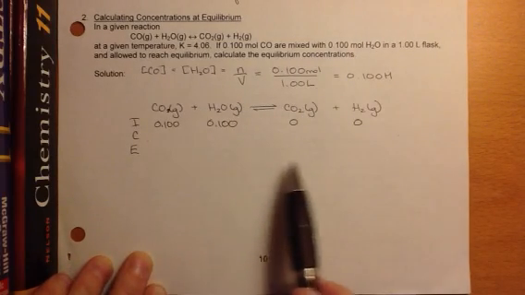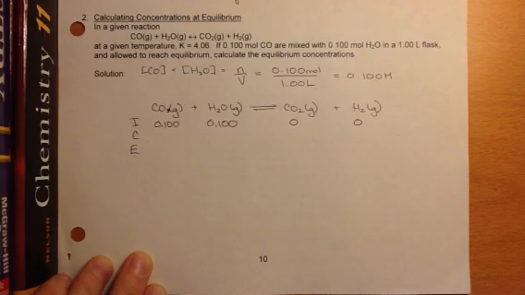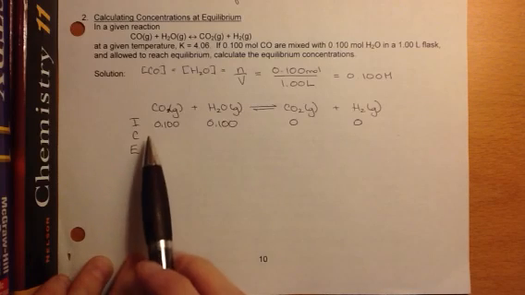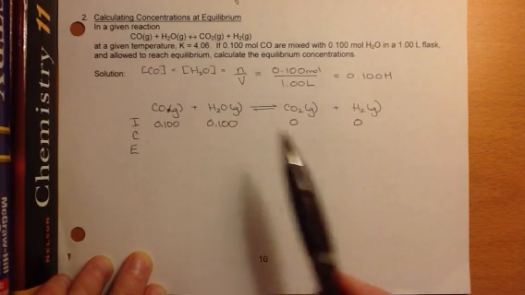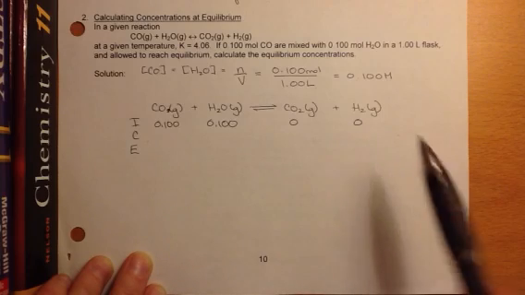Now, we need to calculate the equilibrium concentrations. So we are going to need to let X represent something in our ICE chart. As a tip, it does make it easier if you let X represent something in the change row. You can let X represent whatever you want, but usually the math is easier to solve if you let X represent something in the change row.